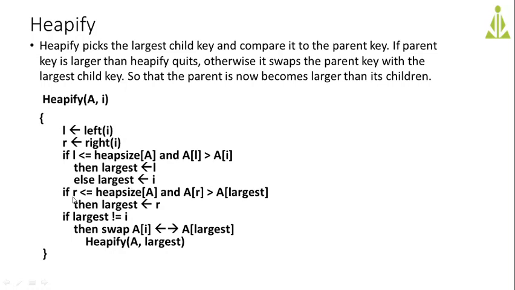Next, if r is less than or equal to heap size of A and A[r] is greater than A[largest], whatever value we get here, that we are taking. We are not taking A[i], we are taking A[largest]. Then largest is r, the right side.